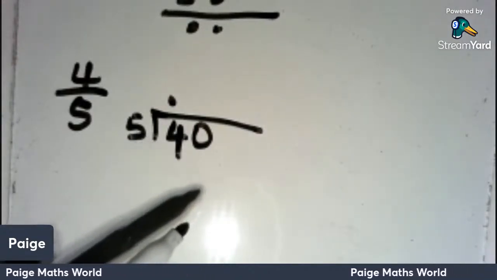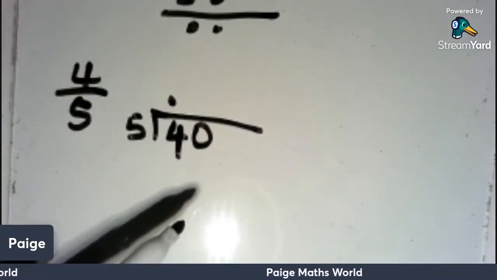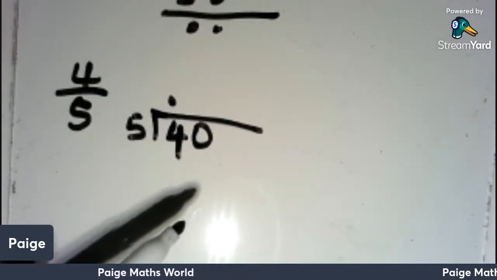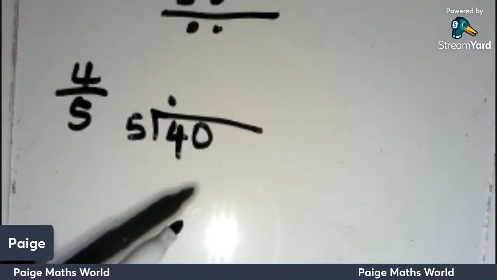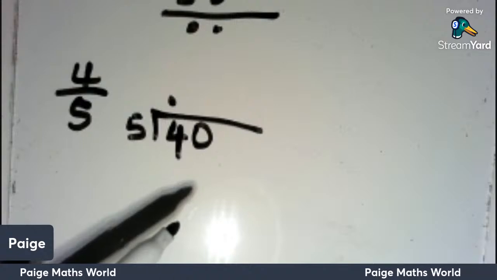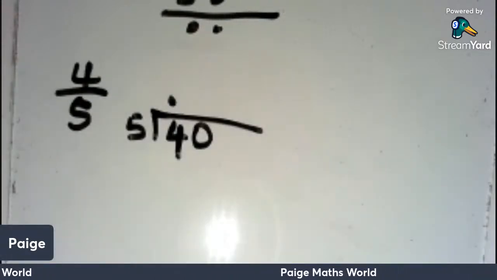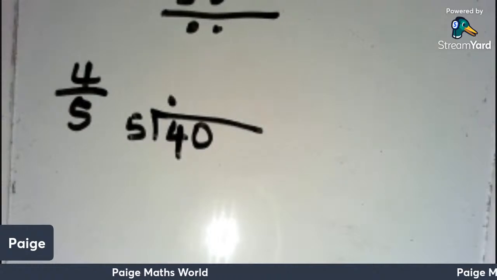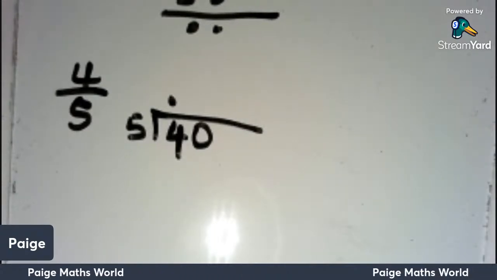5 into 40, Ray? So we want to do it the long way. 5 ones are 5, 5 twos are 10, 5 threes are 15.